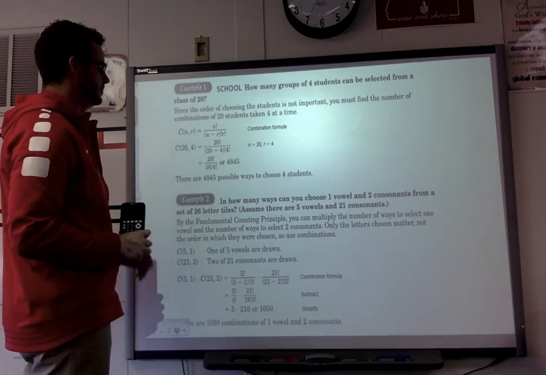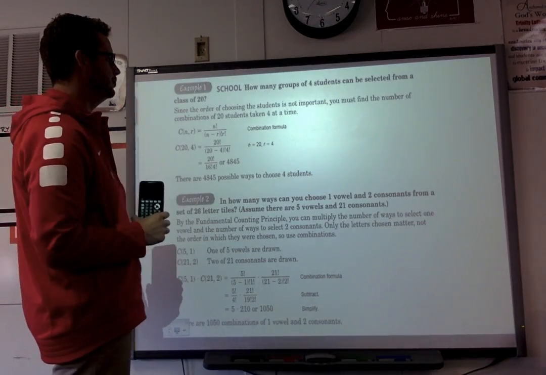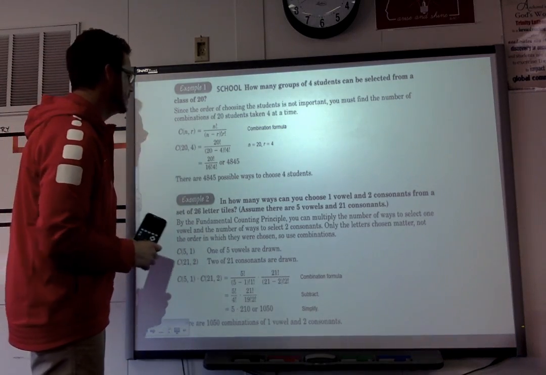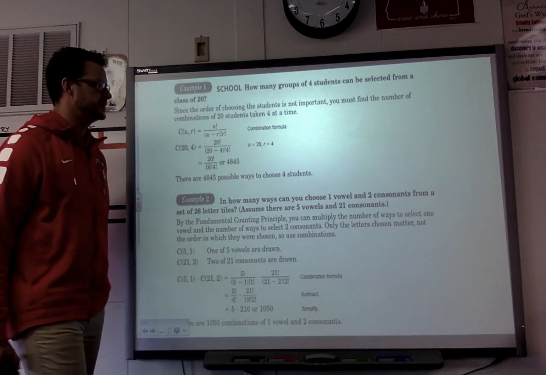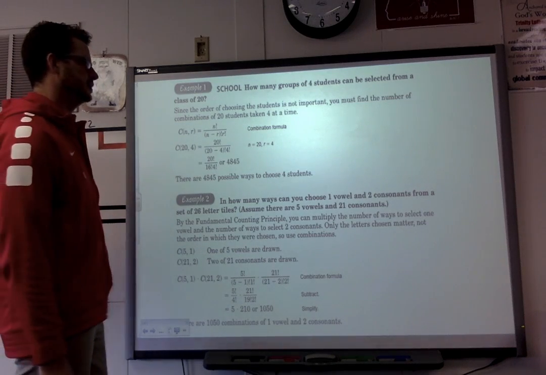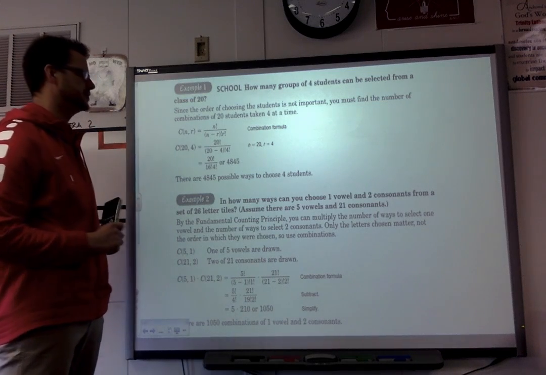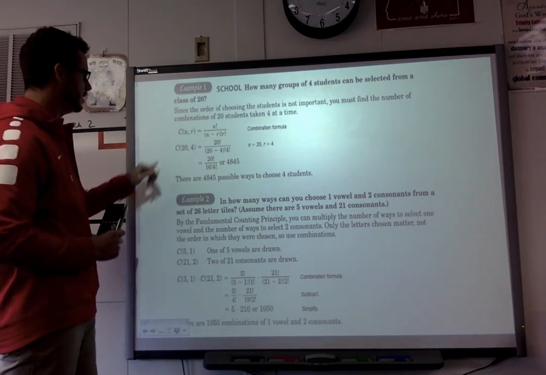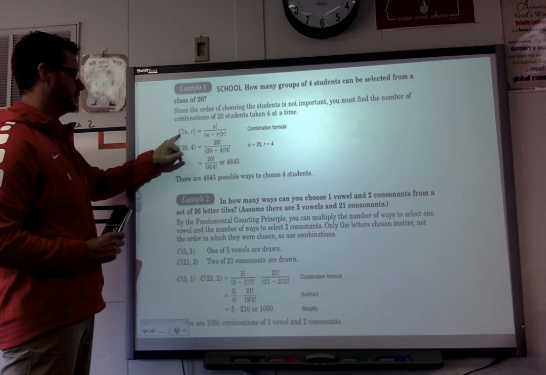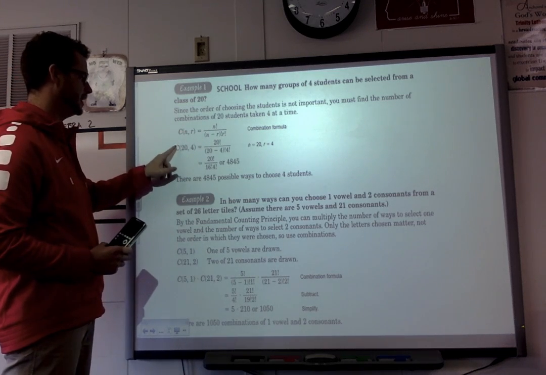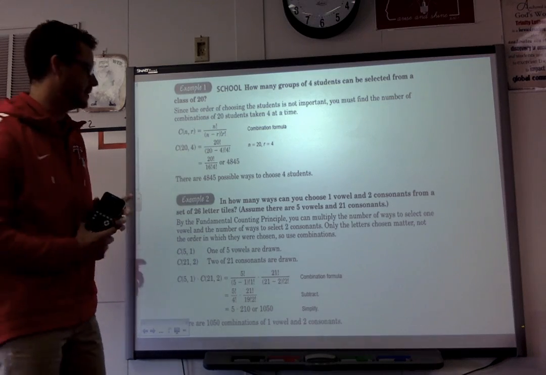So for this example, how many groups of 4 students can be selected from a class of 20? So since the order of choosing the students is not important, you must find the number of combinations of 20 students taken 4 at a time. So here again, instead of the permutation of n comma r, we have the combination because the order doesn't matter.